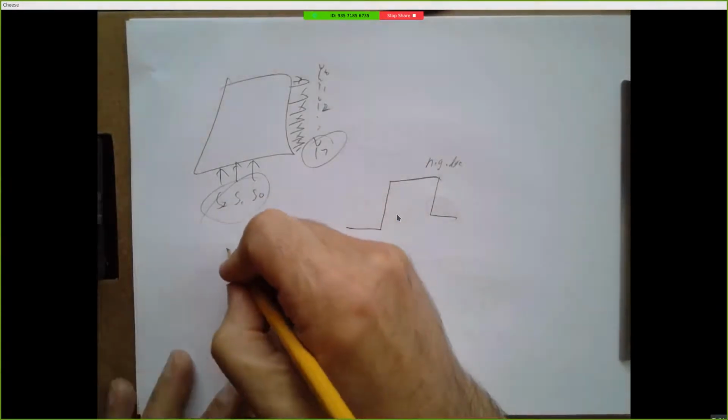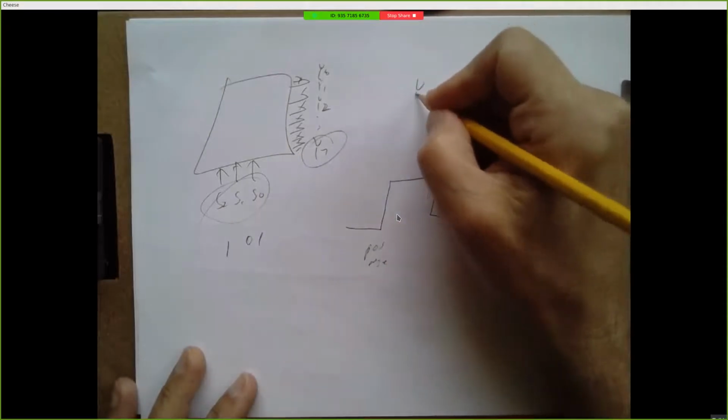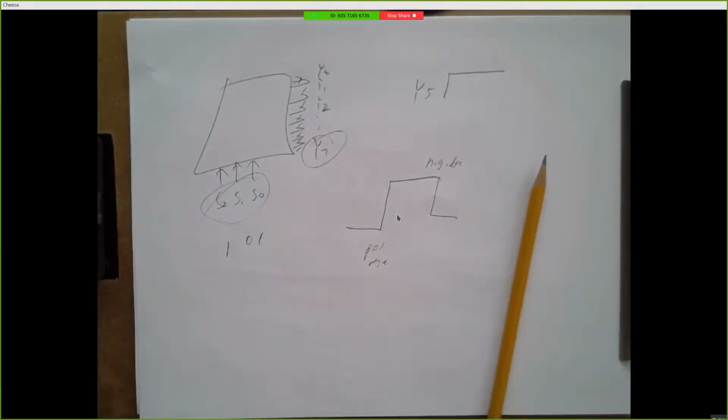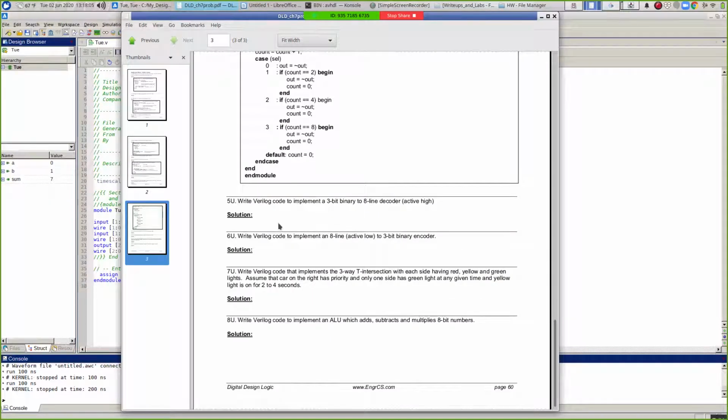So if you set your select lines to 1, 0, 1, Y5 should be high, everything else should be low. Okay, that's what this means when it says a 3-bit binary to 8-line decoder active high. If it said active low, you would want your selected line to go low, everything else would be high.